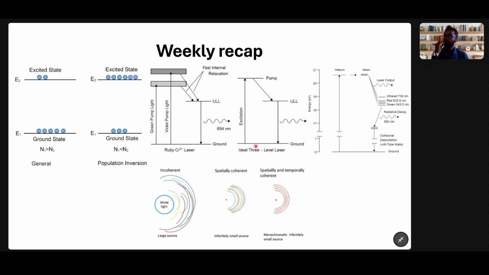So week six's content mostly focused on lasers, and particularly the lectures focused on continuous wave lasers, where we saw different types of lasers and how lasing basically happens. Laser stands for light amplification by stimulated emission of radiation, as you might already know.